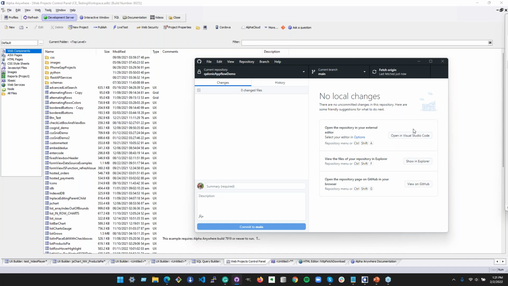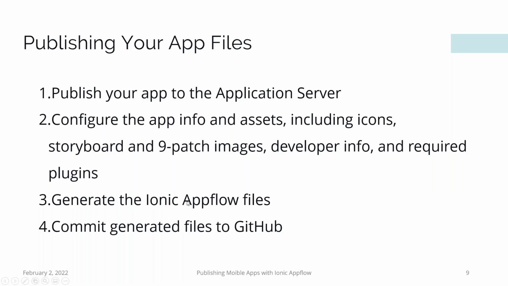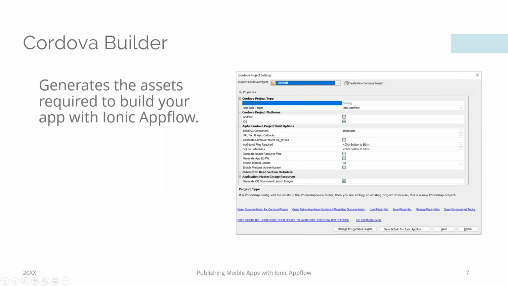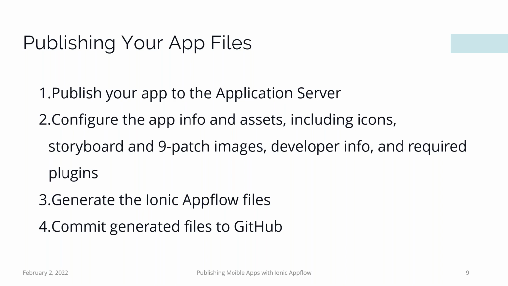But once that's up in GitHub, you're ready to move on to the next piece, which is building your app, Ionic Appflow. So let's see here, current slide. So we just talked about configuring this. In terms of publishing it, we just saw the piece where we generated the Ionic Appflow files.